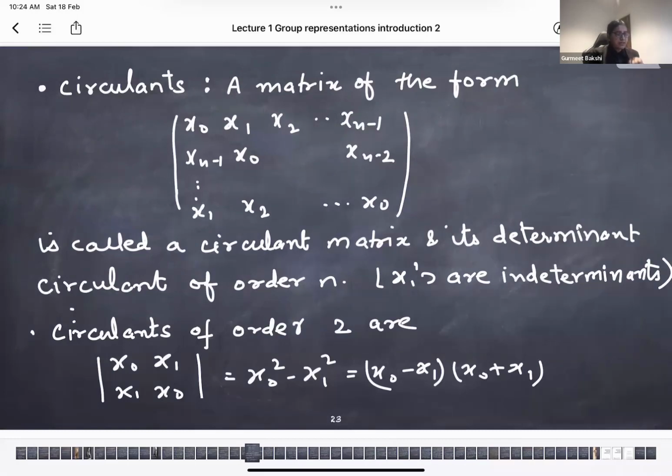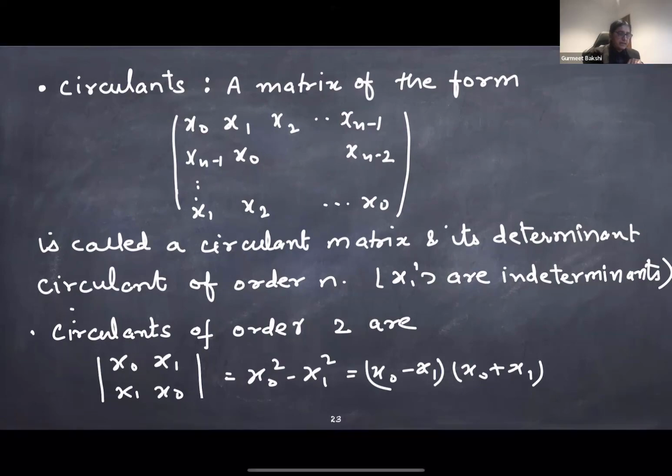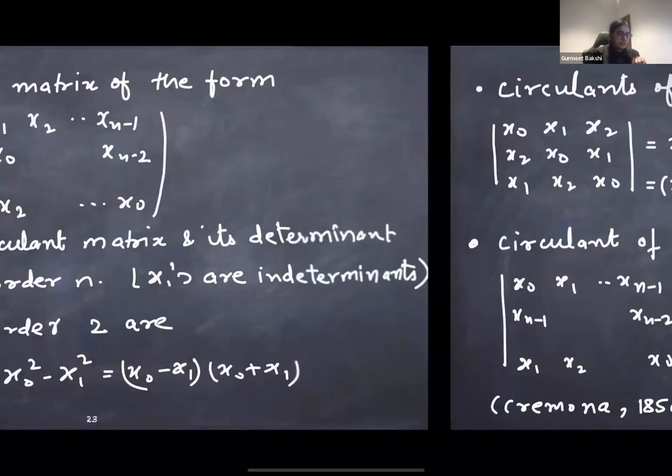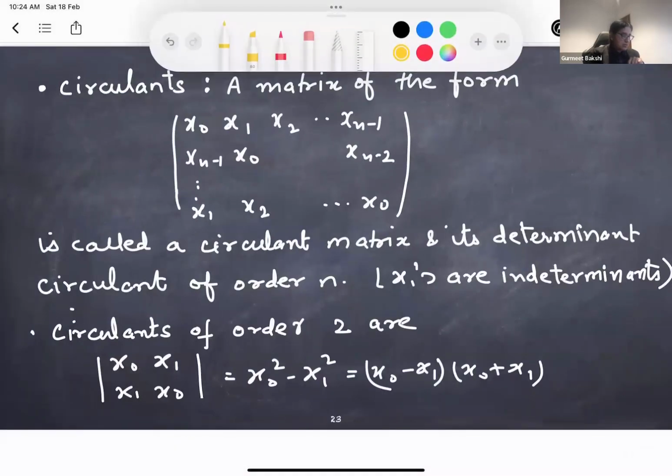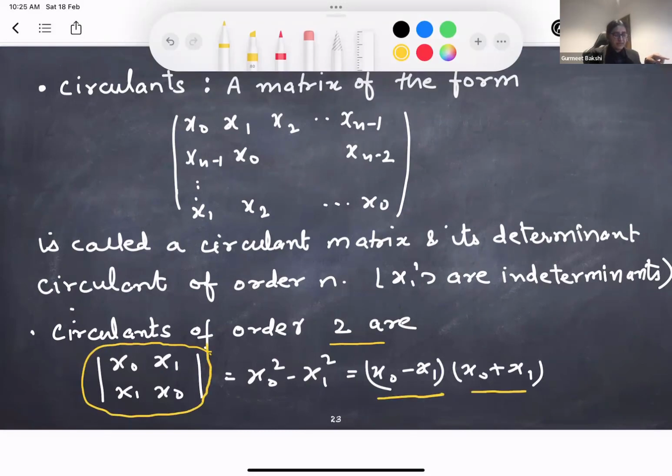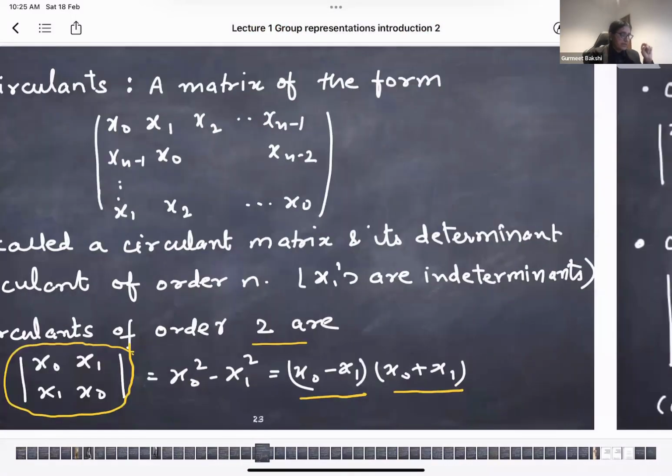This is called a circulant matrix, and its determinant is called the circulant of order n. The xi's are indeterminates. For circulants of order 2, you take the determinant of this 2 by 2 matrix, and it factors into 2 linear factors, x0 minus x1 and x0 plus x1. That was the beginning.